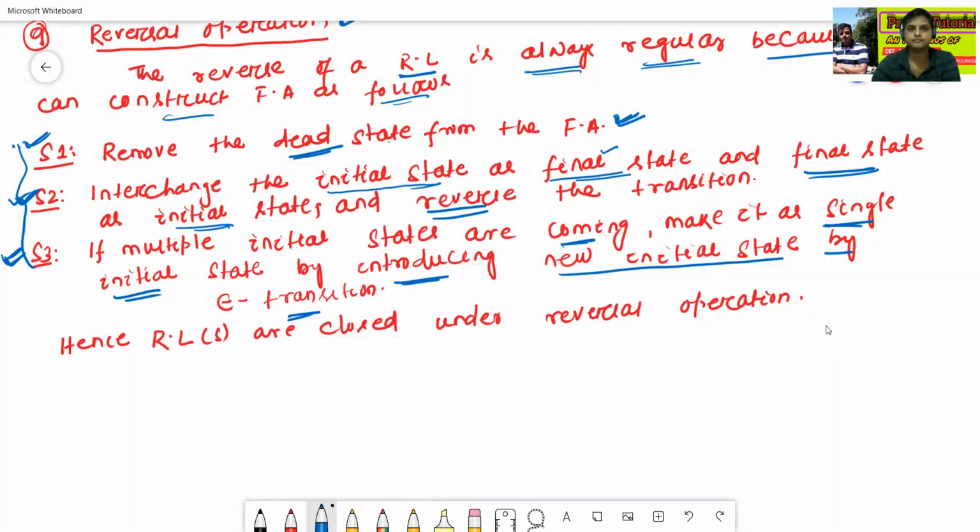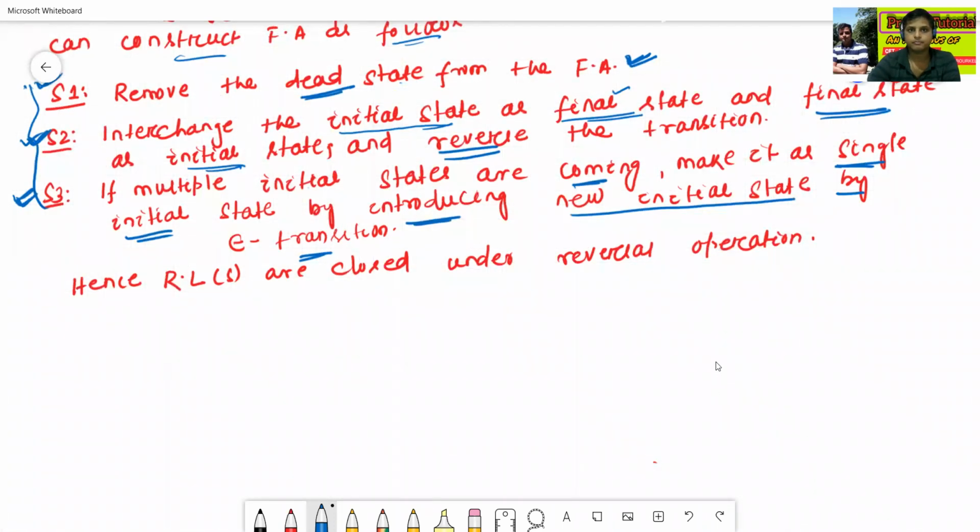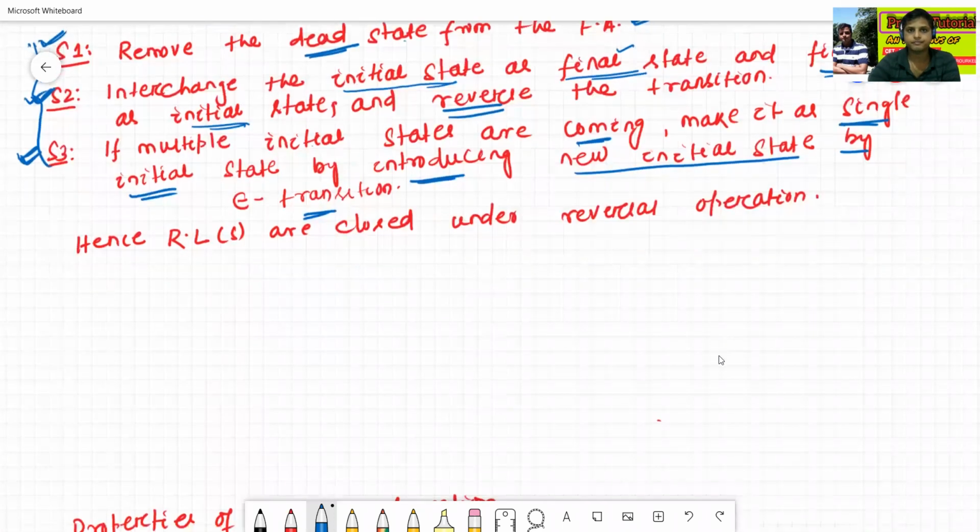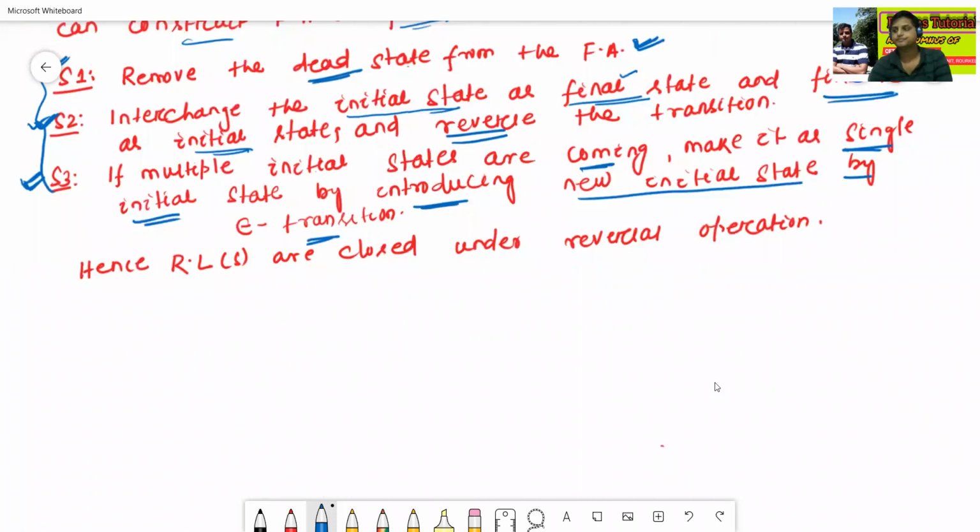See here. The first step is to remove the dead state. Then interchange the initial state as final state and the final state as initial state and reverse the transition.